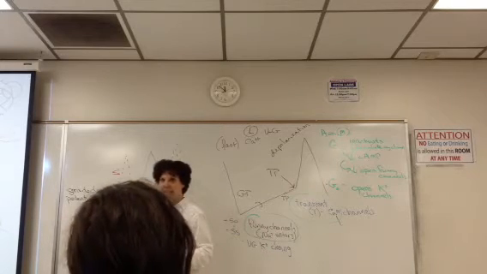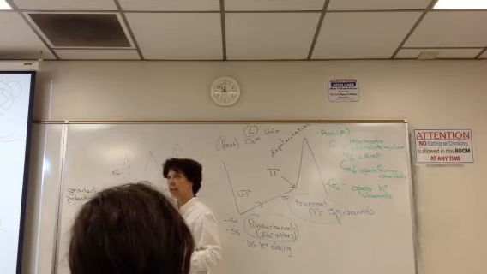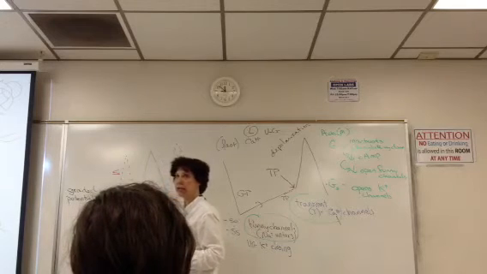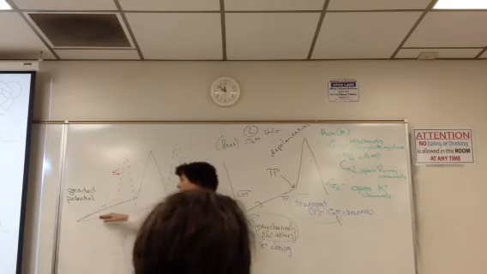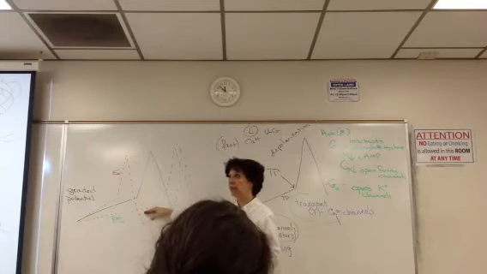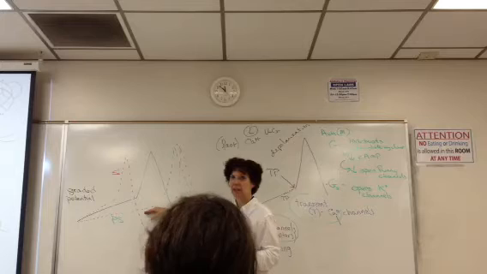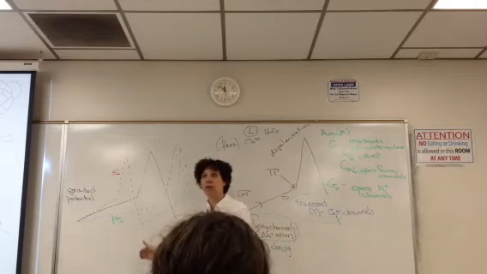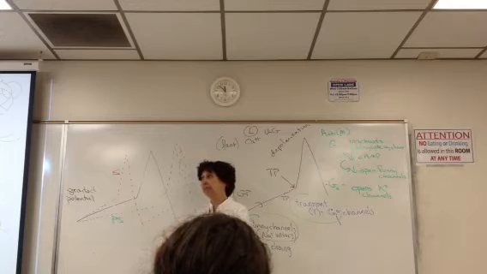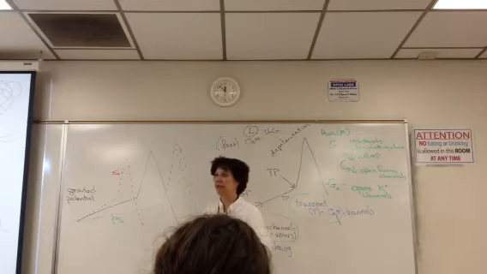They don't open as early, so it takes longer to get to this point. Plus, we're losing positive ions through our potassium channels. So it takes even longer to get additional positive ions into the cell. Okay? That's how we slow the heart rate down to our standard 70 beats a minute.